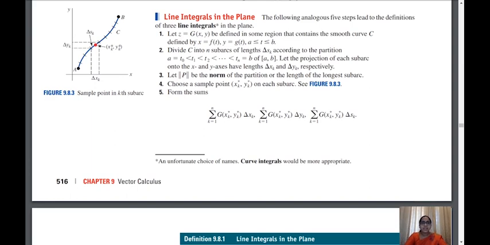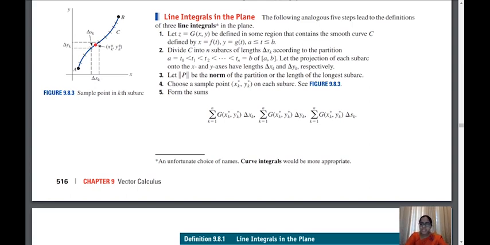You can take some time to compare the summation we have chosen in this case with the sum that we formed in the case of the definite integral. Both are similar, except that there is more than one variable in this case, and there we partitioned the interval, while here we are dividing the arc into sub arcs.